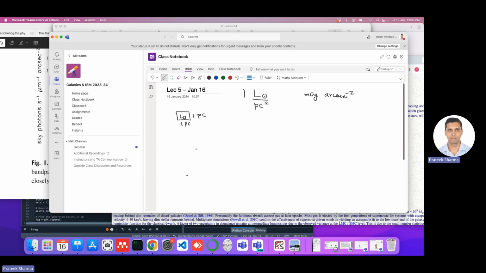It's the apparent magnitude of a star which has the same amount of light and which is placed at a distance where it subtends 1 arcsecond. So this angle, let's say alpha, is equal to 1 arcsecond.